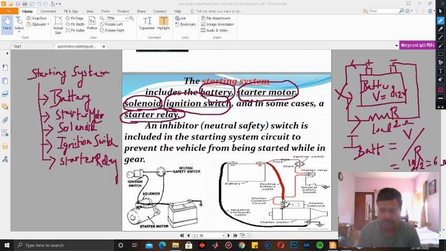So this is the value of the current through the battery, and this is a schematic of the battery.